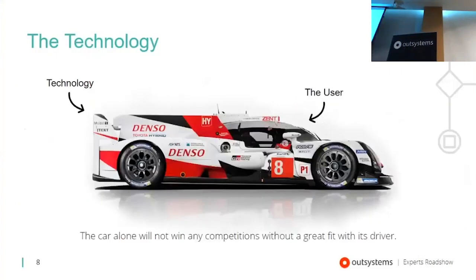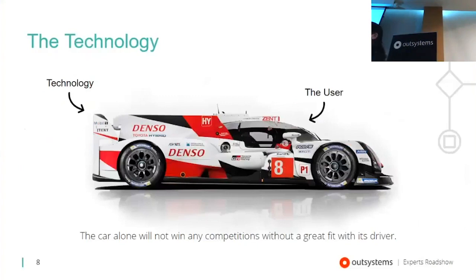This is one of my favorite slides, and it talks about not just the technology, but also about the user. You can have a very massive technology that has a lot of functionality and a lot of power, but unless you have a very skilled person to maximize the technology, it's not going to be of great use. This is one of the perfect examples.